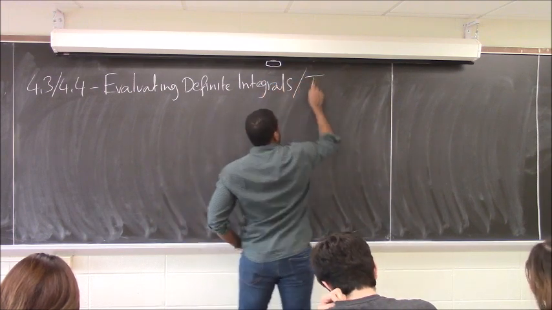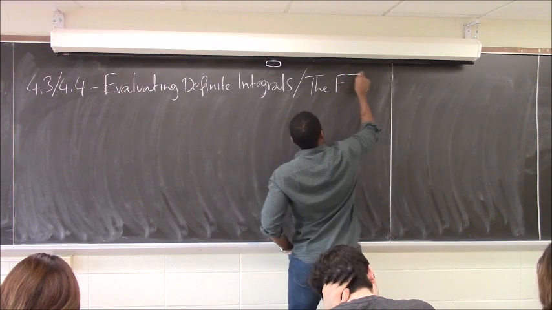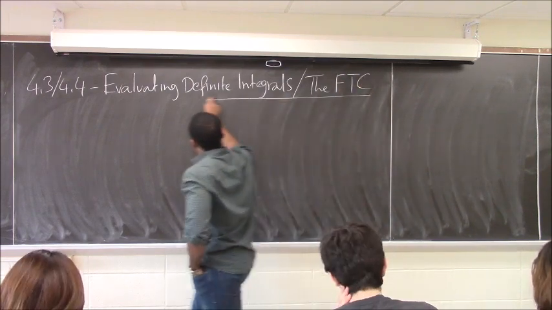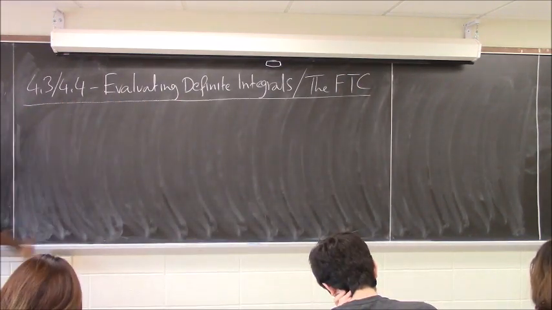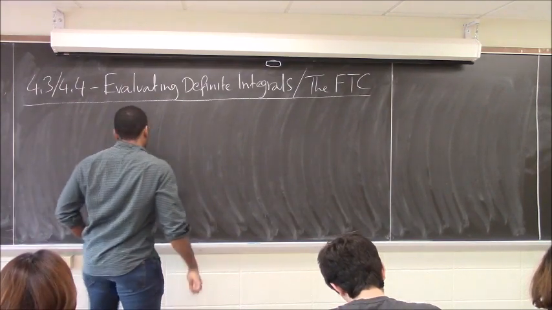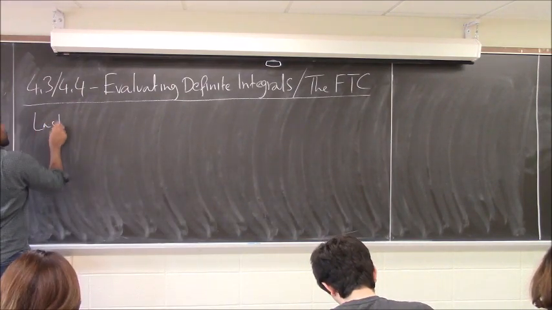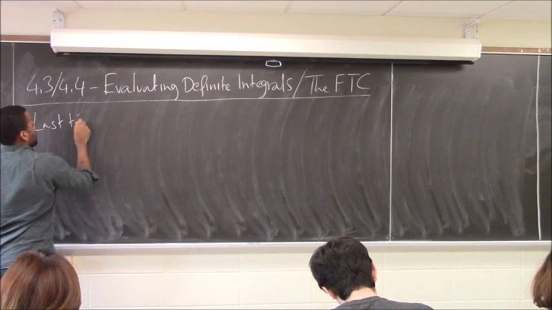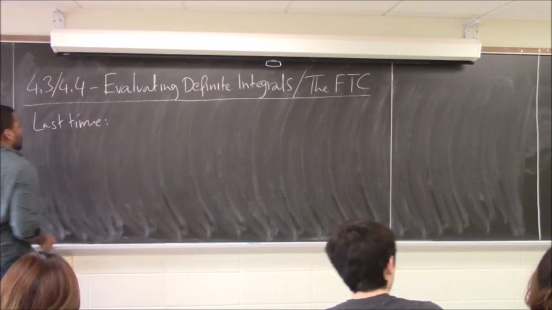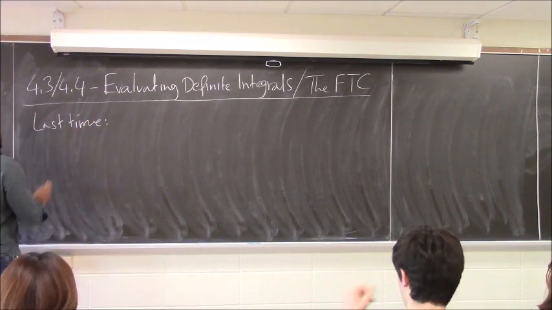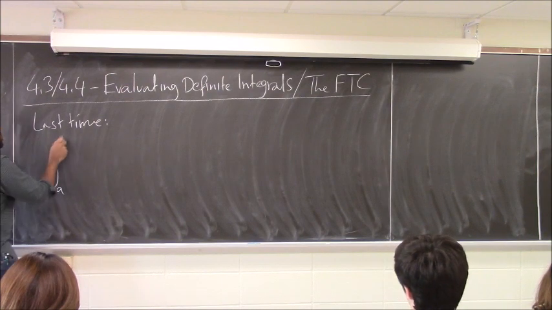And we'll talk about the FTC, otherwise known as the Fundamental Theorem of Calculus. So, last time, we saw the following. We have something that we call the definite integral.